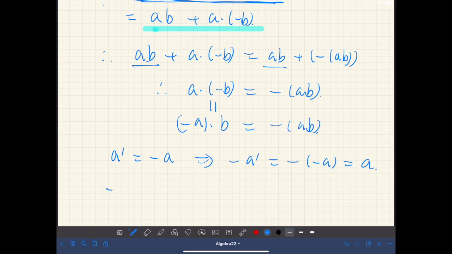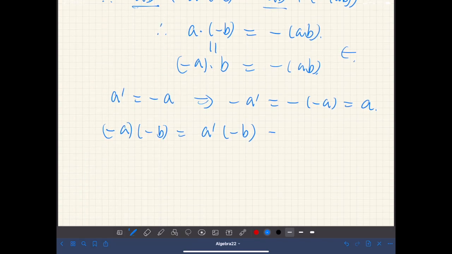So from here, we have negative a times negative b is equals to, so by definition of a prime, this is a prime times negative b, but using the previous part here, this is equal to negative a prime times b. But negative a prime is a, so this is equal to ab. And we are done with this.